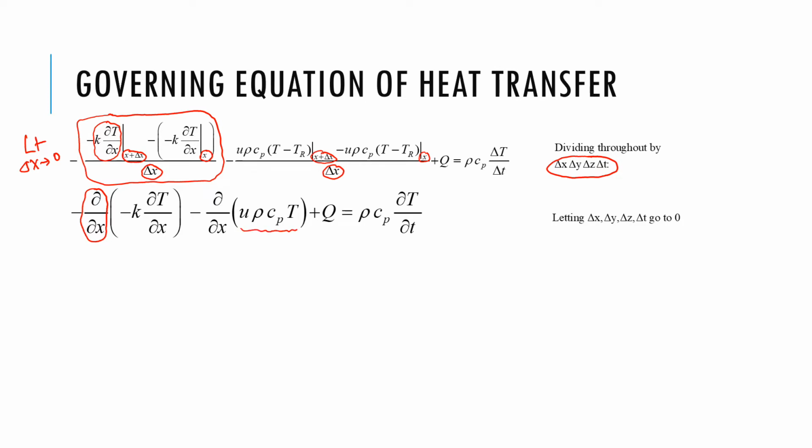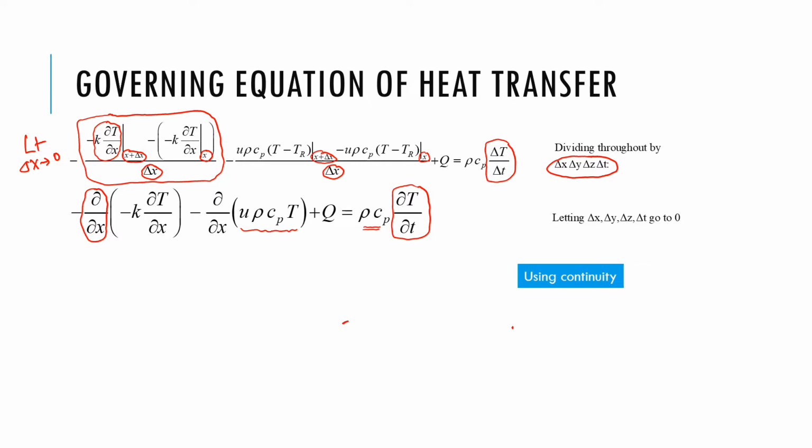Notice that T r has dropped out because it is a constant, and we're writing this as a derivative, so we do not need to keep the constant. If you keep the constant, then when you take the derivative, that term will be 0. Plus Q, and then rho Cp stays as is, and del T becomes the partial derivative of temperature with respect to time.